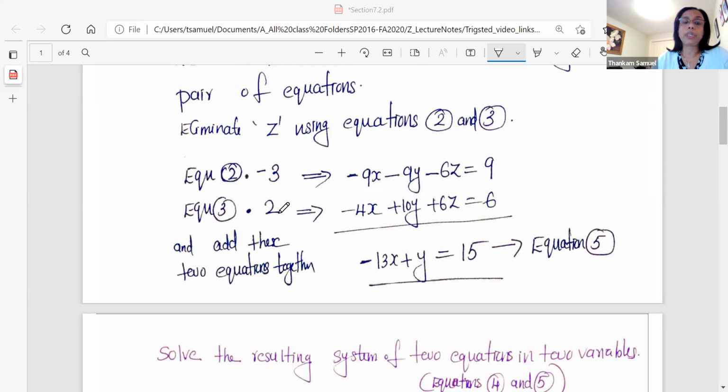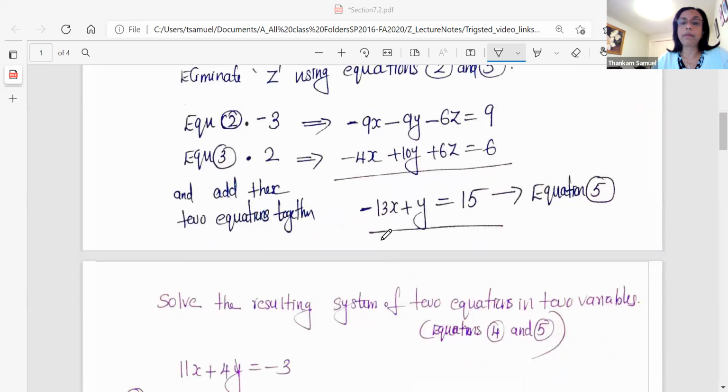And the third equation by 2, we'll get -4x plus 10y plus 6z equals 6. Let's add these two equations together. So we'll get -13x plus y equals 15. We can name this equation as 5.